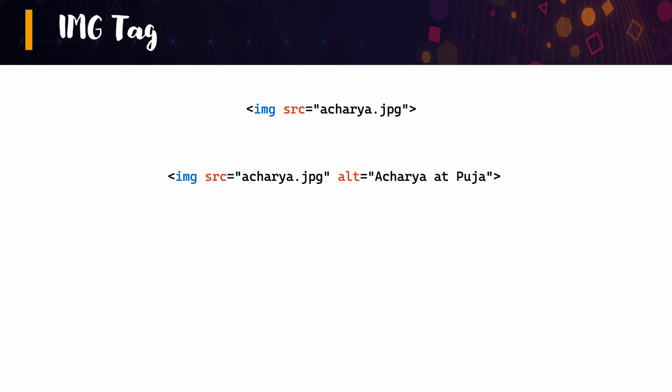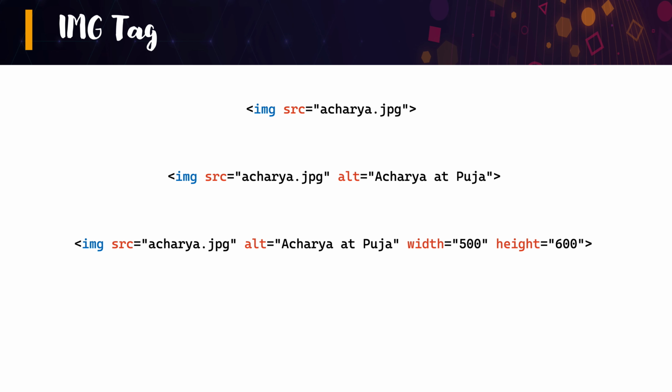There are text-only browsers which do not show pictures because they want to optimize the amount of time that is taken to render a page. They don't show pictures at all. In those cases, the text-only browser will show just a placeholder with the appropriate text that is there as part of the alt attribute.